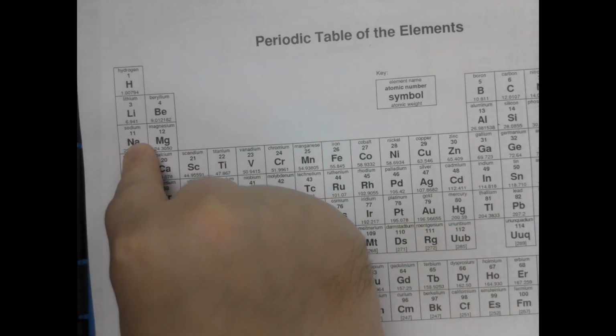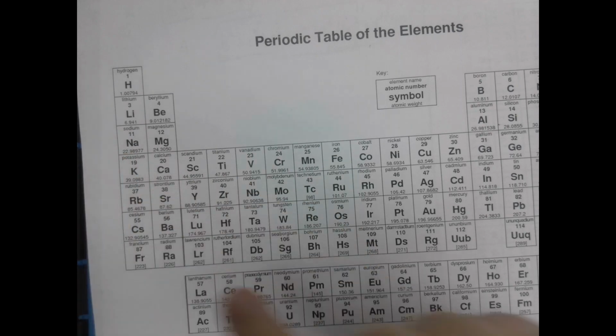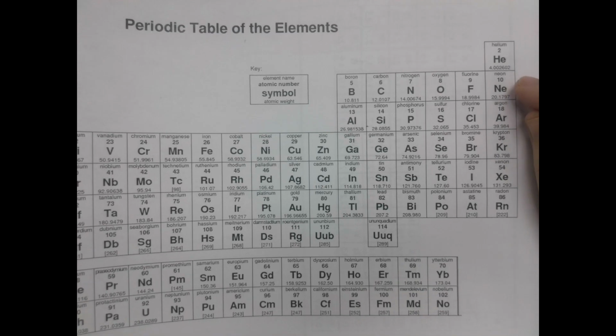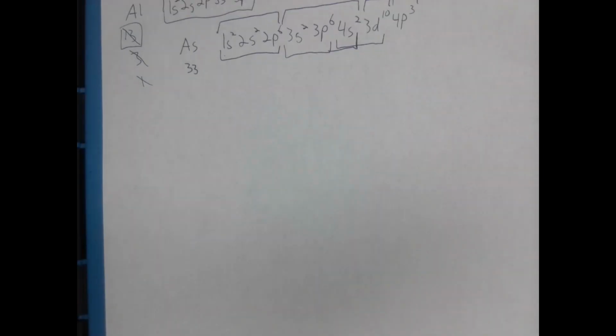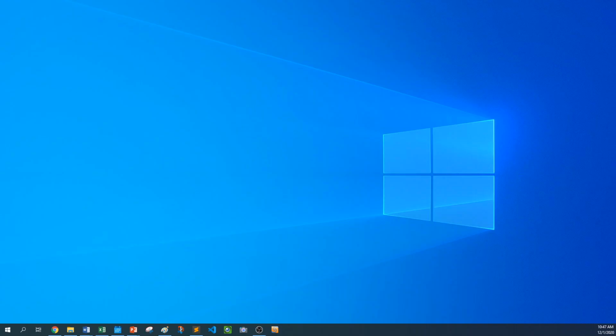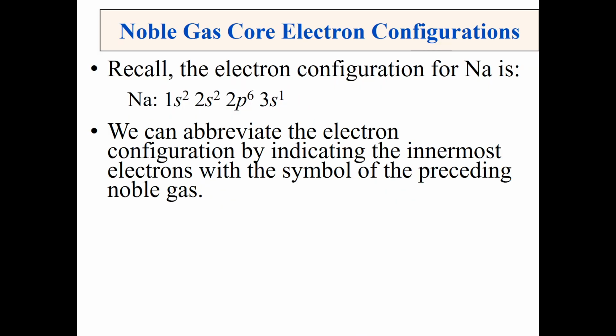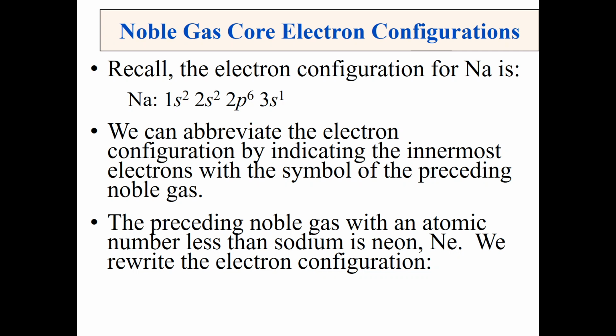Sodium is number 11. The previous noble gas before it is neon, number 10, so we can replace the configuration with neon. The preceding noble gas with atomic number less than sodium is neon. We can rewrite the configuration as neon in brackets, 3s1.